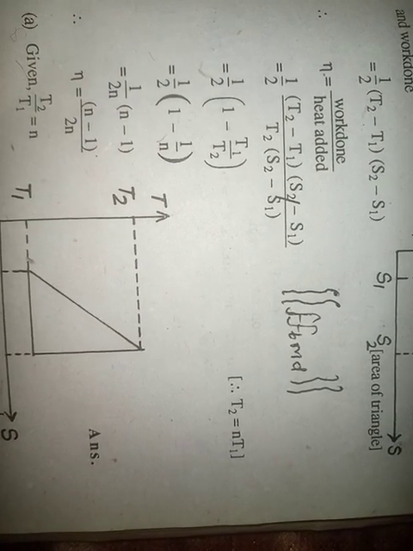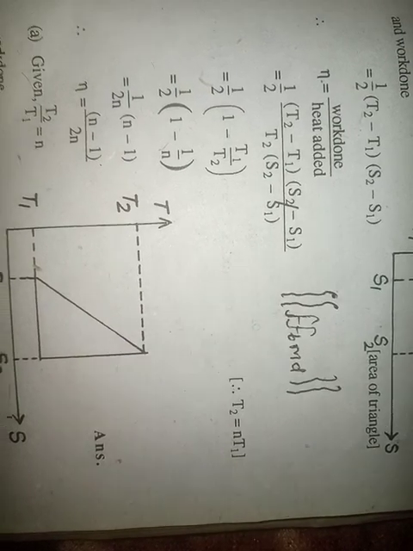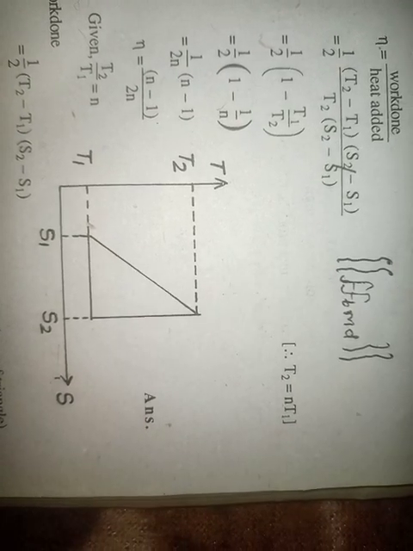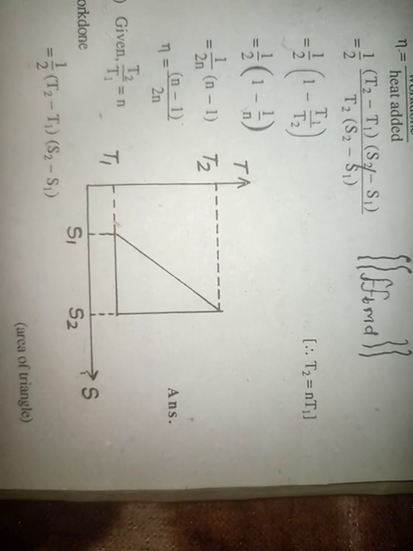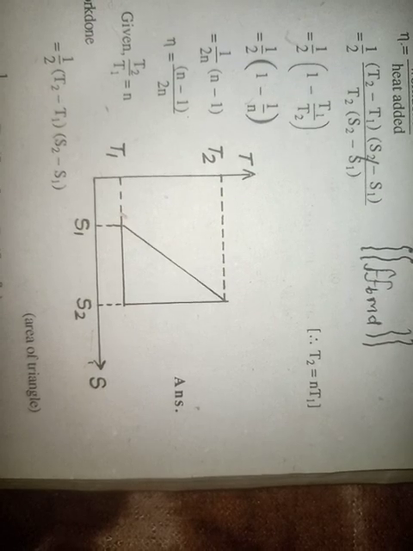Hence eta equals work done by heat added, equals 1/2 into (T2 minus T1) into (S2 minus S1) by T2 into (S2 minus S1), equals 1/2 into (1 minus T1 by T2), equals 1/2 (1 minus 1/n), equals 1 by 2n into (n minus 1). Hence eta equals (n minus 1) by 2n.